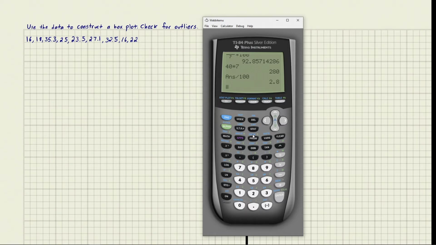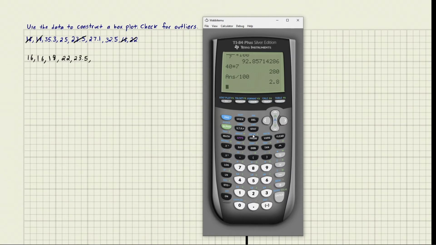We need the number 16. That takes care of that one. There's another 16 over here. And then looking around, looks like 18 is the next one. After 18, we've got 22. After 22, we've got 23.5.